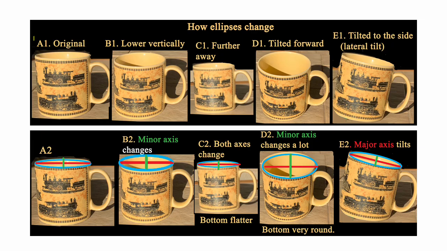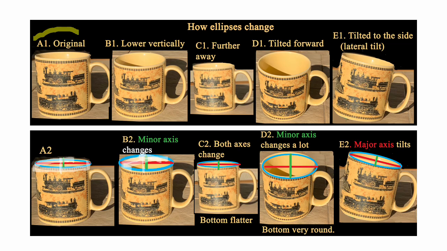I'm going to manipulate this coffee cup to show you all the wonderful things that ellipses can do. So this ellipse starts out pretty narrow with a small minor axis. And when we lower it, so we're looking more into the cup, the minor axis gets larger and the ellipse gets larger, whereas the major axis doesn't change much.